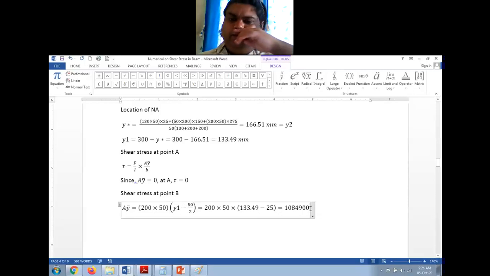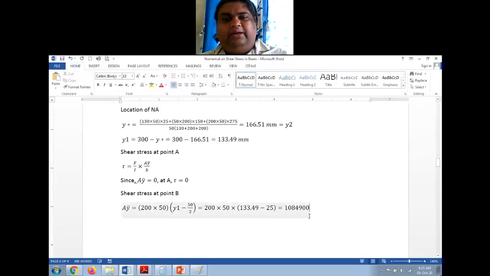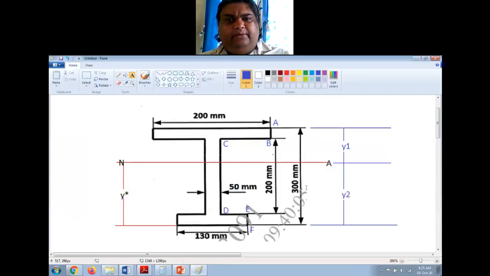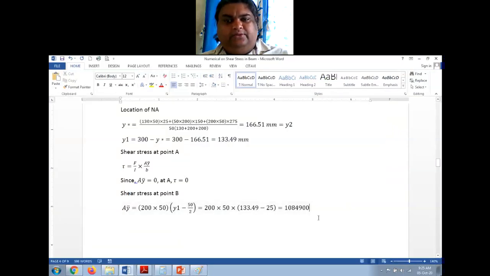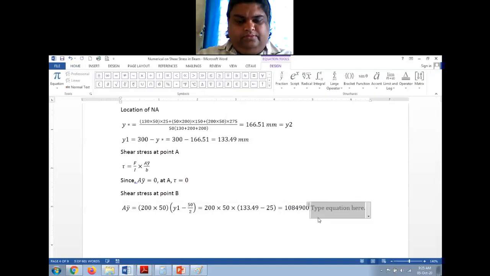Millimeter cube or meter cube is the unit for volume, and this is not volume, this is area moment. So better not write any unit, just write this value and leave it. Now at point B, the width of the section is 200 mm, right? So B is equal to 200.